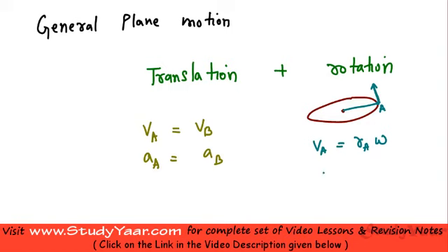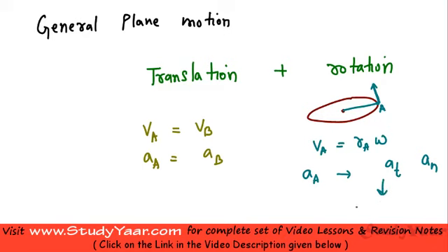The acceleration of A is given by the tangential acceleration and the normal acceleration. The tangential acceleration is tangential to the path and the normal acceleration is towards the axis of rotation.